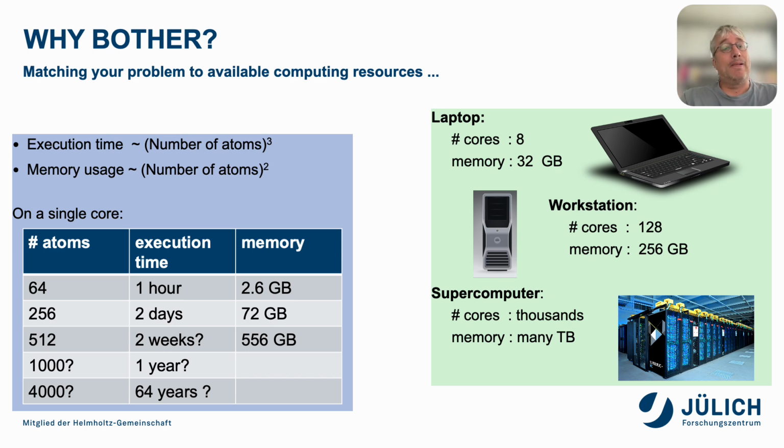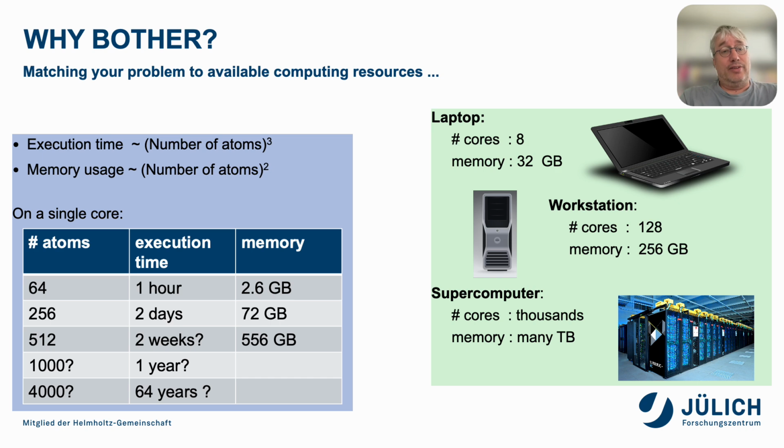But what does that mean? Suppose you calculate on a single core of your computer, and you have a system with, let's say, 64 atoms, and the simulation might take an hour and something like 2.5 GB of memory.